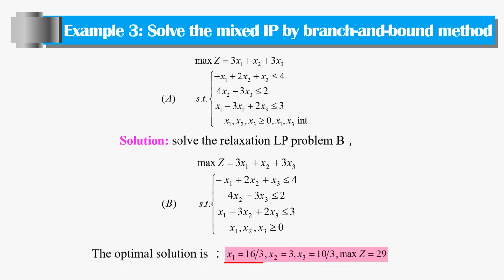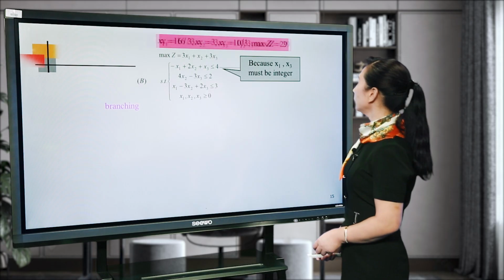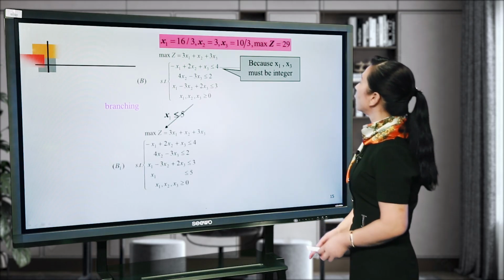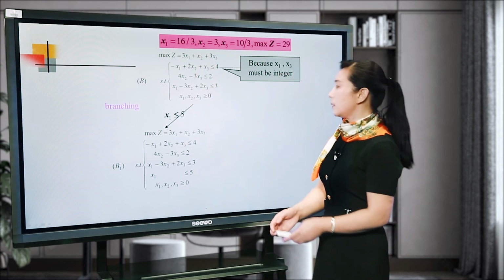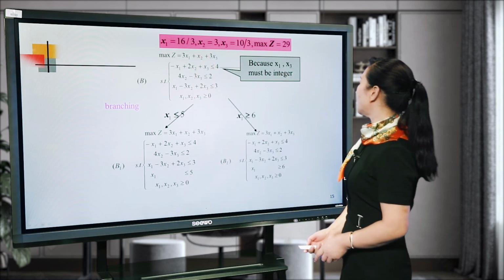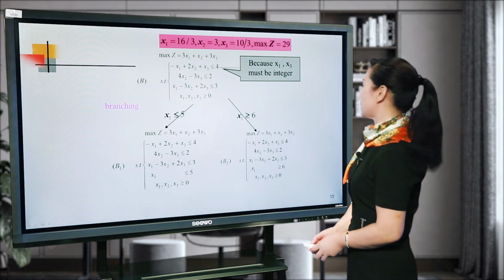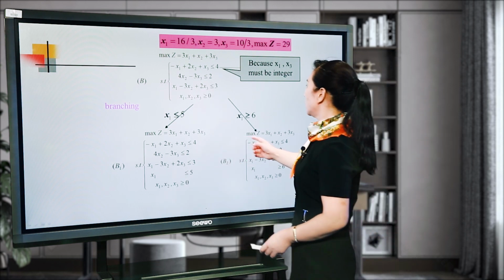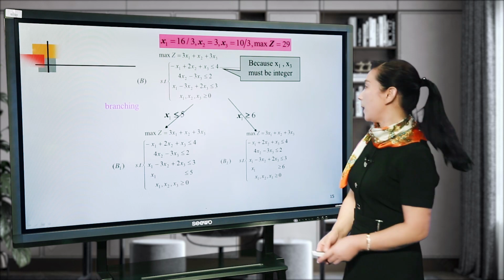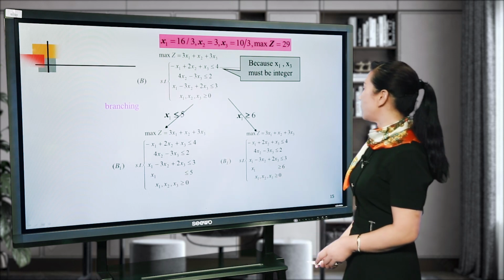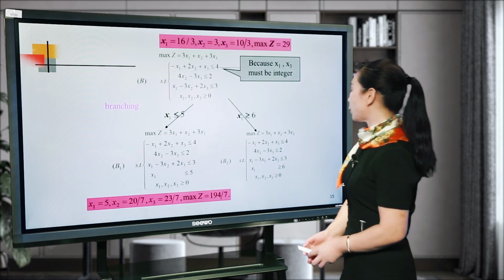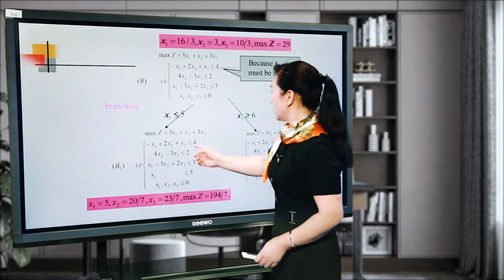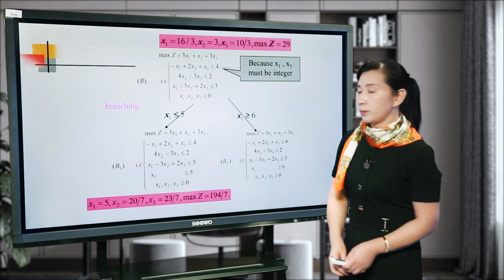So we continue branching. We choose x1 to branch. We set x1 less than or equal to 5 and x1 greater than or equal to 6. We get 2 subprograms, B1 and B2. And we solve the B1 program.